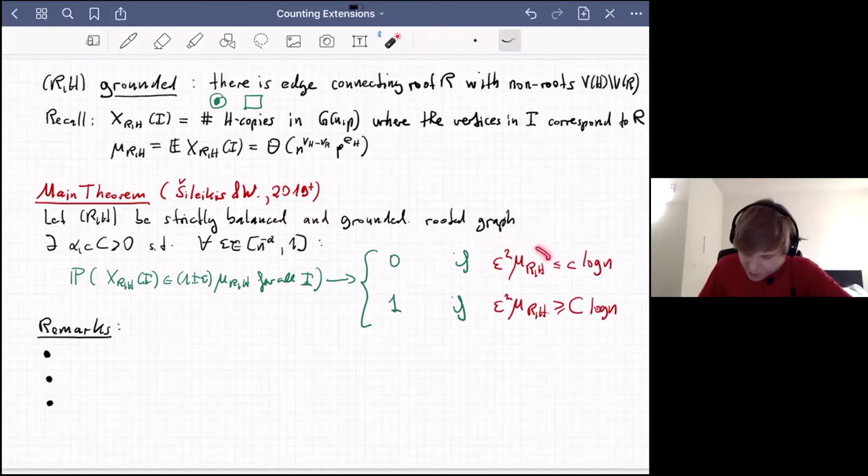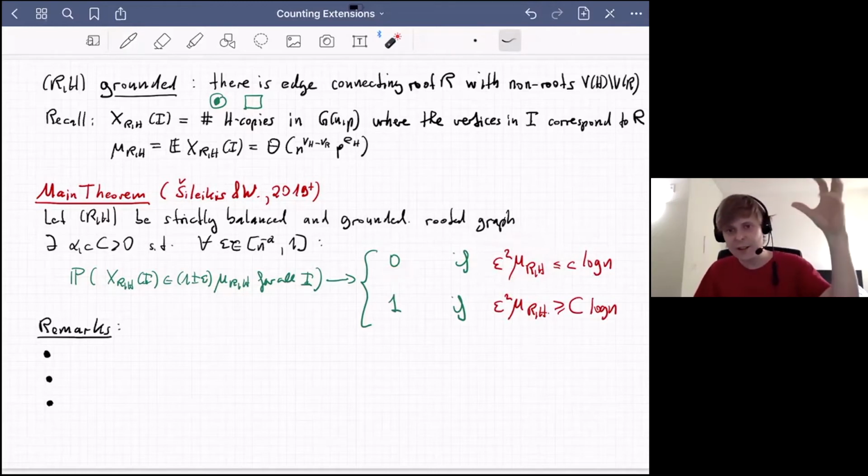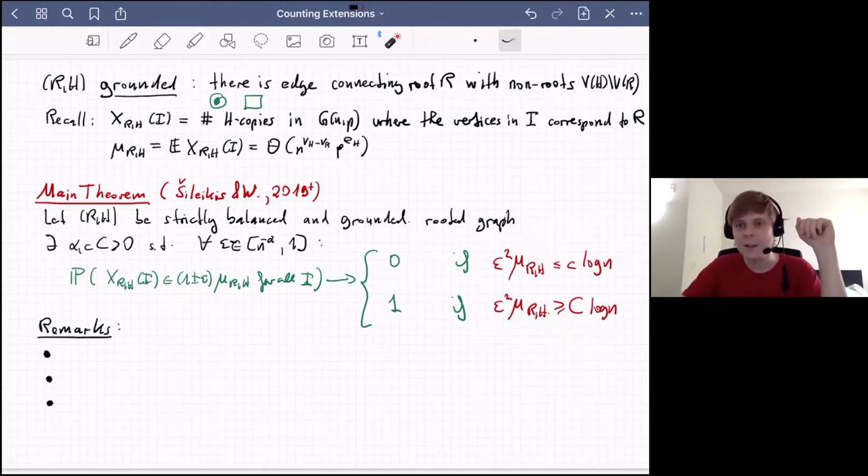Intuitively, instead of just looking at the expected value, we should look at epsilon squared times the expected value. If this quantity is sufficiently smaller than log n, then we get a 0 statement. That means we find some set I which extends to the wrong number of copies of H. Whereas if this same quantity is a big constant times log n, then this is no longer possible. Then we know that with probability tending to 1 as n tends to infinity, all these sets I extend to the correct number of copies.